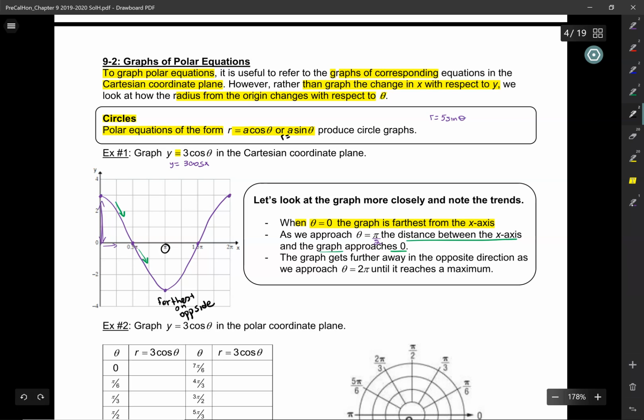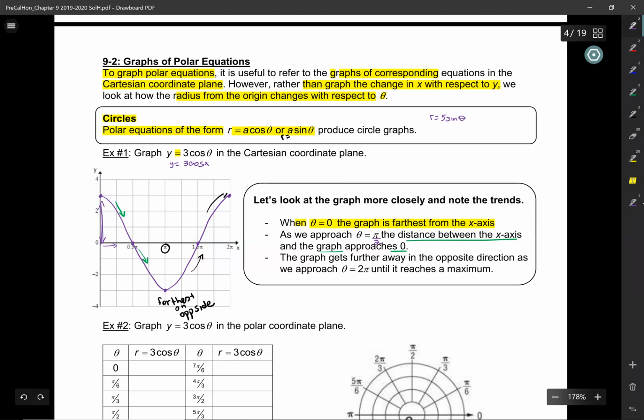And then when you approach 2 pi, it gets closer to the x-axis, and then it goes farthest again to the maximum. So again, it starts far from the x-axis, gets close, gets far again, gets close, gets far again. That's what we need to look at, right?